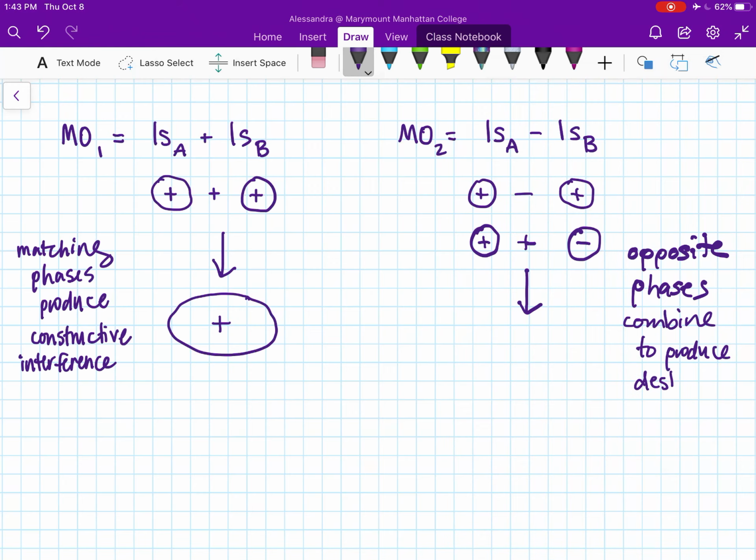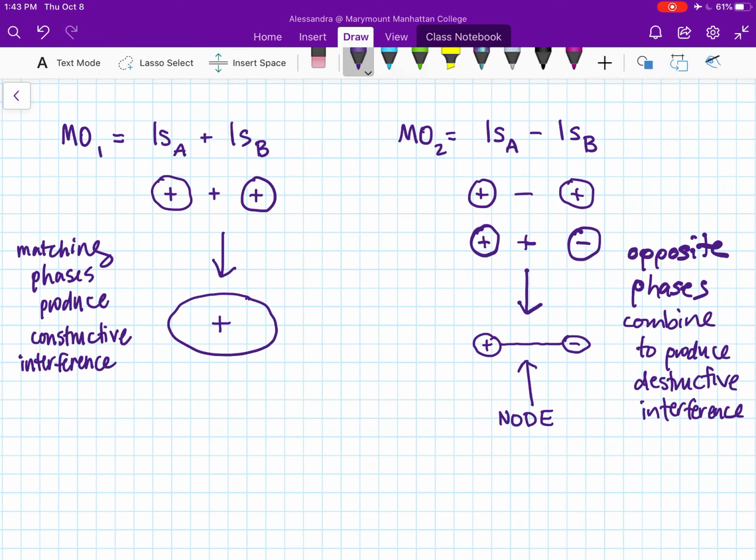So they're going to cancel each other out as they come together in an overlap. They're going to at least partially cancel each other out because their waves are going to interact destructively. So what that's going to do is it's going to kind of shrink those lobes a little bit, and it's going to produce what we call a node in between the two lobes.